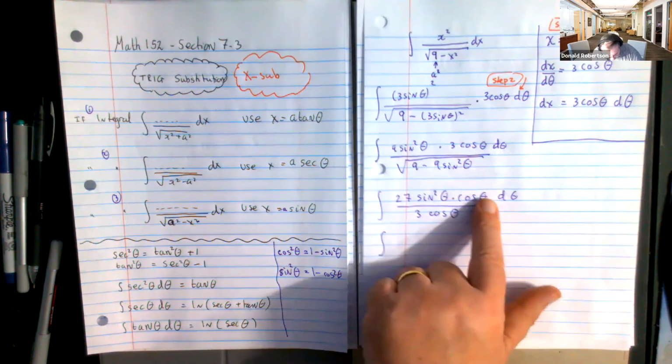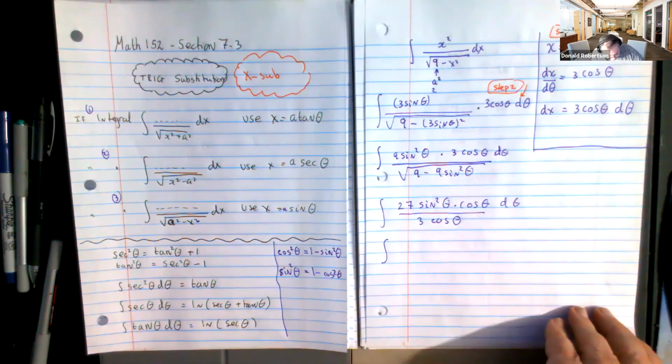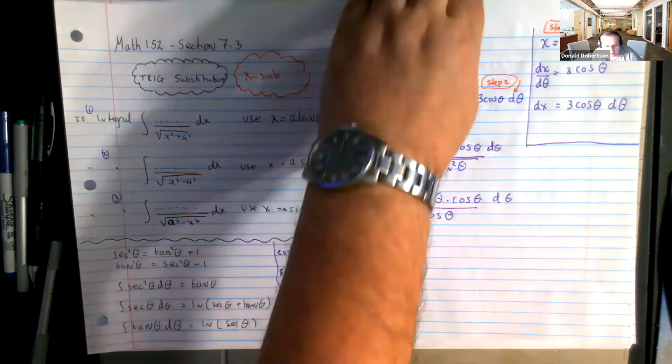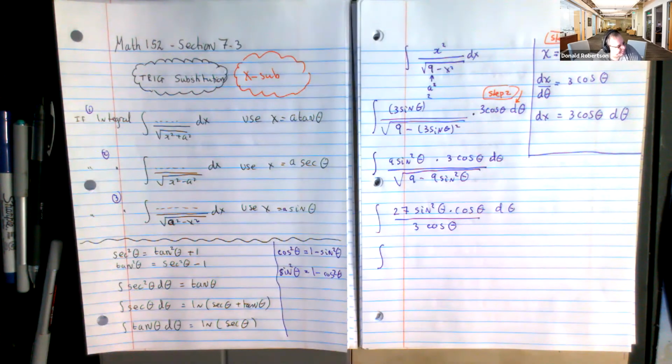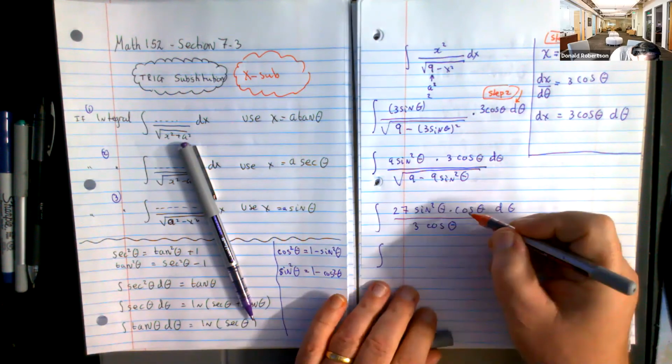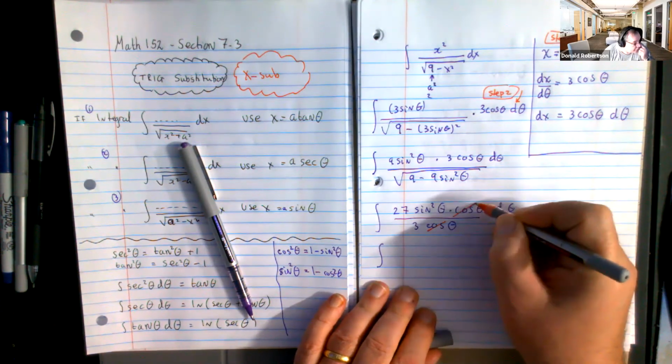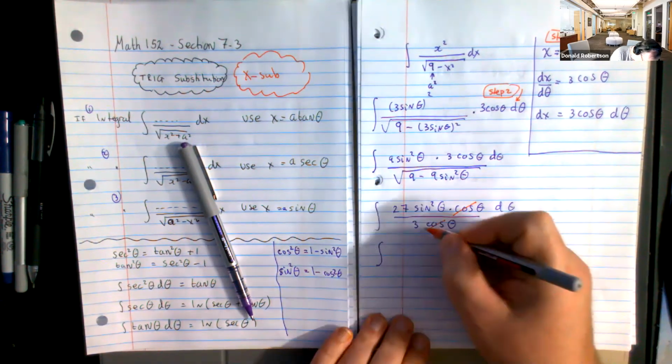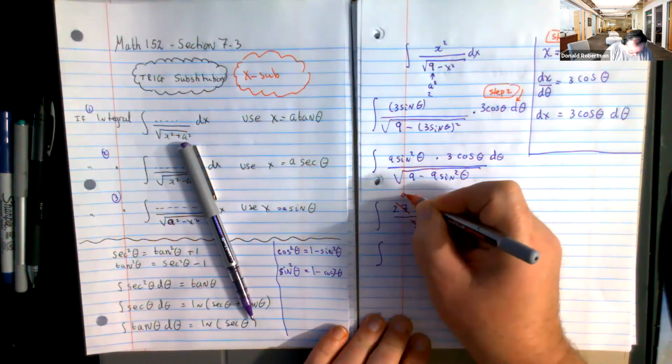What do you think I can do with this fraction that might make it prettier? Simplify to 9 sine squared theta. Okay, let's see how we did that. Cancel the cosines, right? 3 goes into this, just like you said, 9.